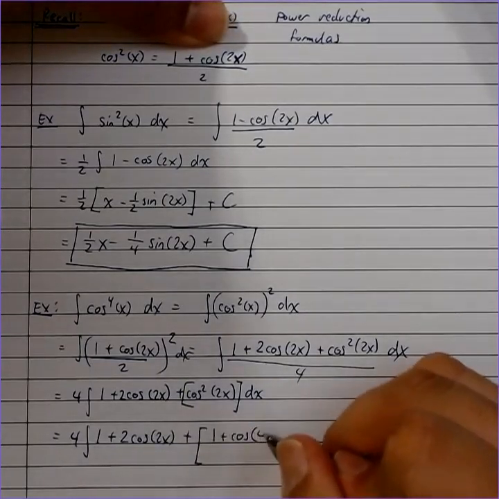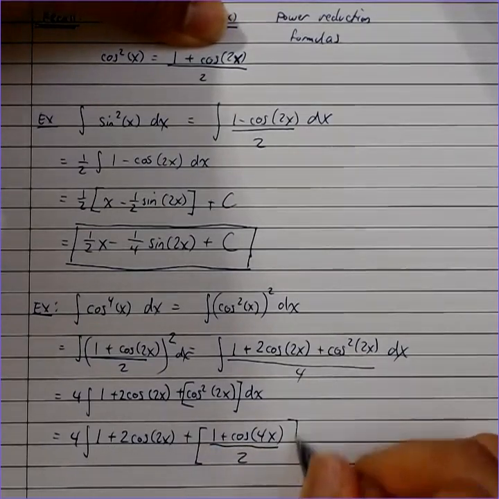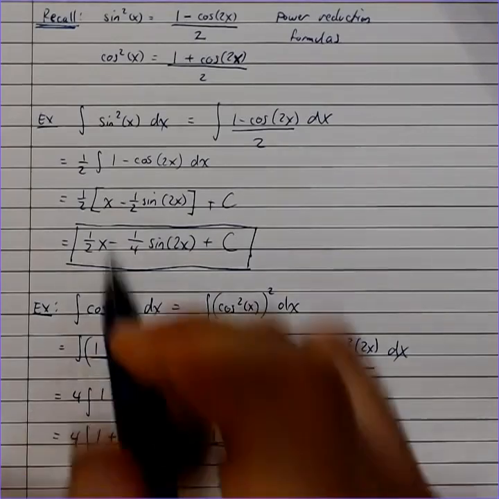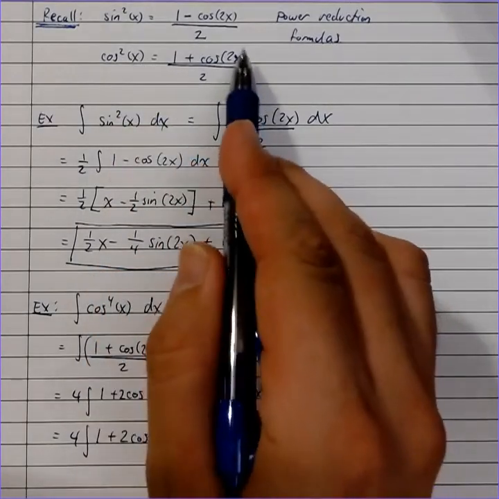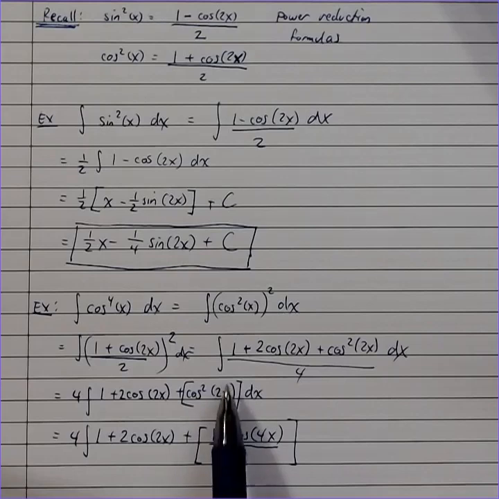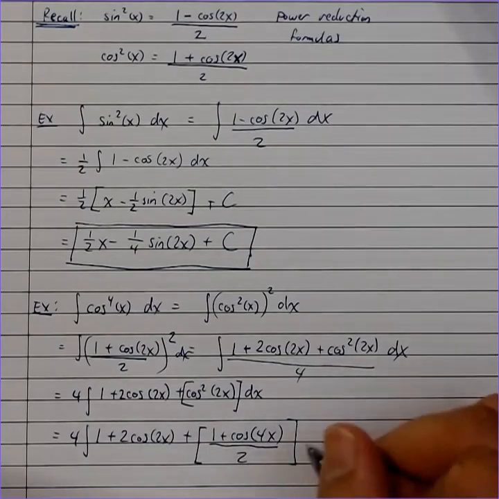Well, now that's quadrupled, over 2. Notice the power reduction formula, every time you reduce the power, you double the argument. This goes from 1x to 2x. So if you reduce the power again, this will go from 2x to 4x. If you did it again, that will go to 8x, and then 16, 32, and so forth. That won't change that denominator. It won't change that constant 1, but it will change the argument every time you reduce the power.